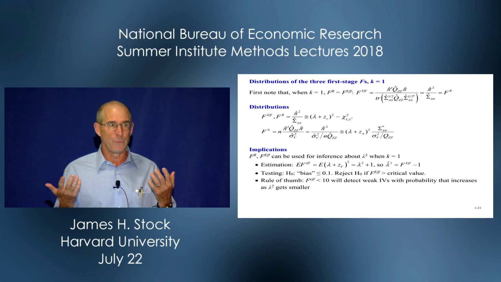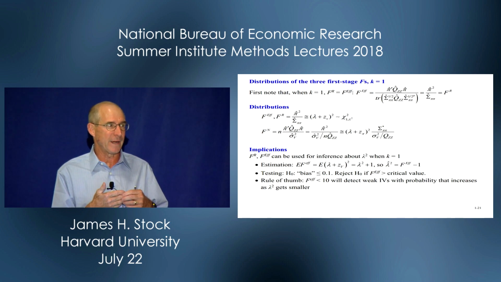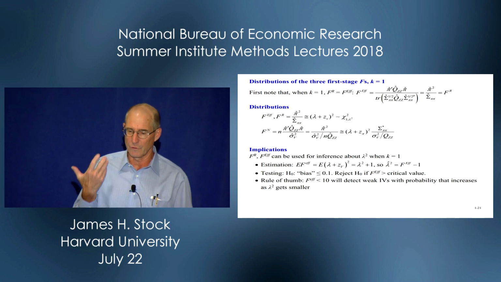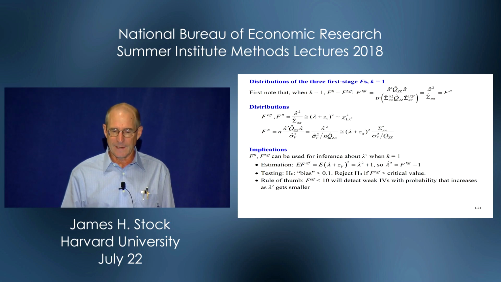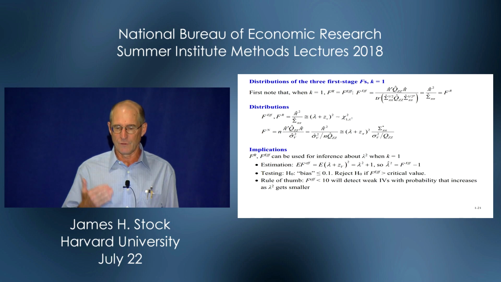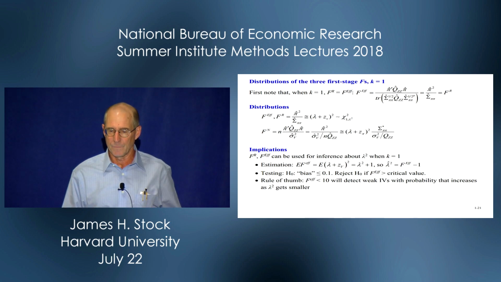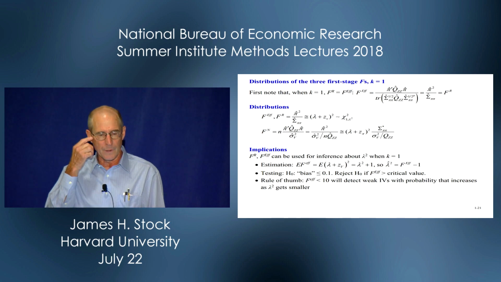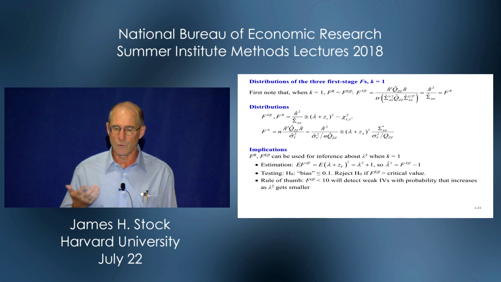So it turns out that this trace term for the effective F is just the robust F. And in that case, the robust F is going to be lambda plus z sub pi, quantity squared. There's a typo there.